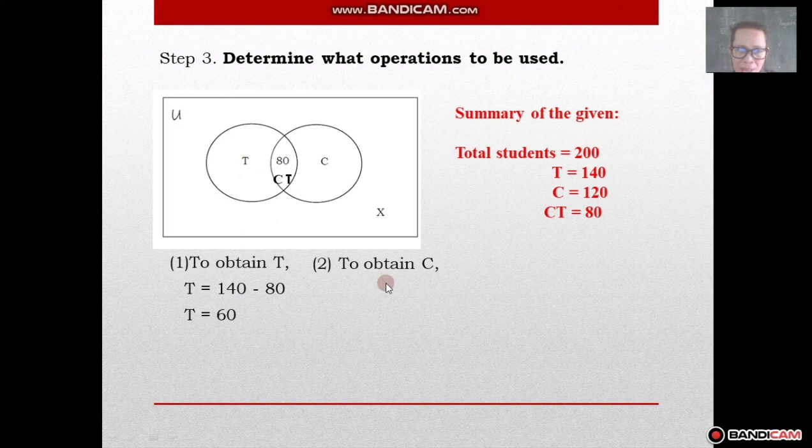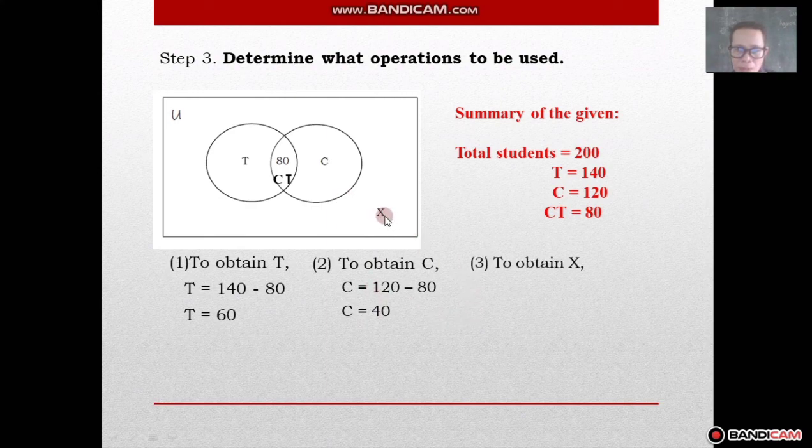Now to obtain C, the operation to be used is this one. C is equal to 120, the total of this circle based on the given, subtracted by the intersection, which is 80. So the difference is 40. There are 40 students who like coffee only.